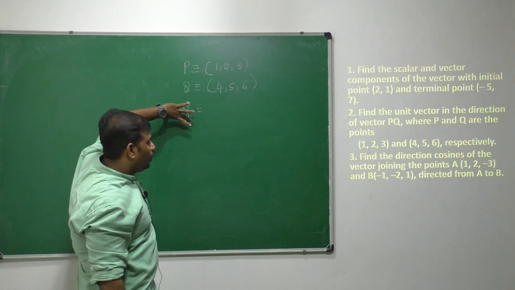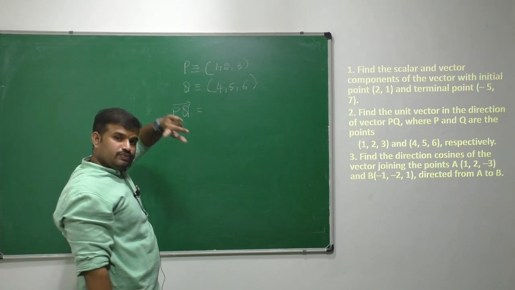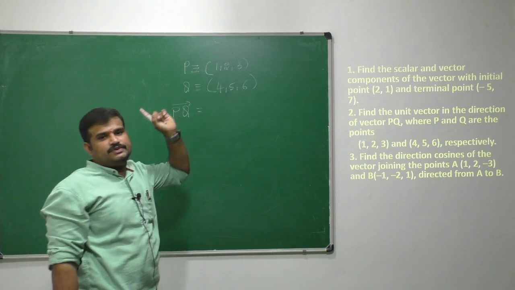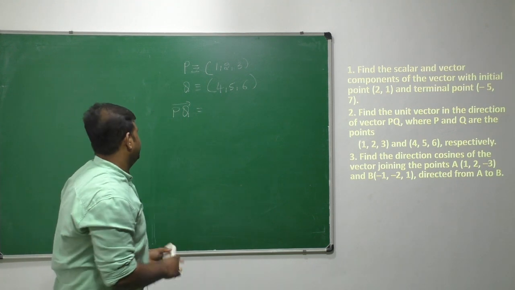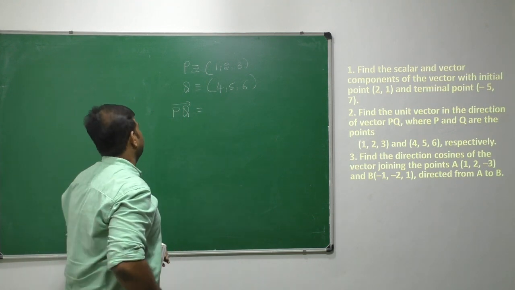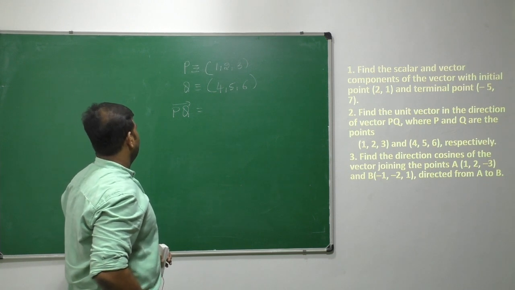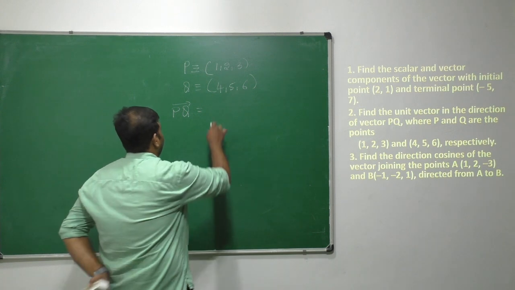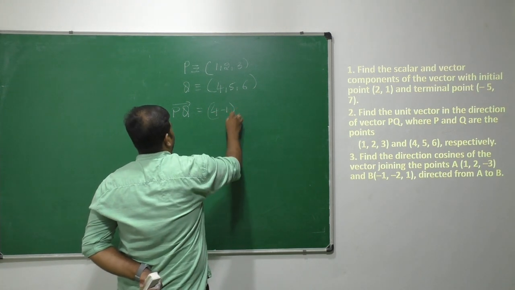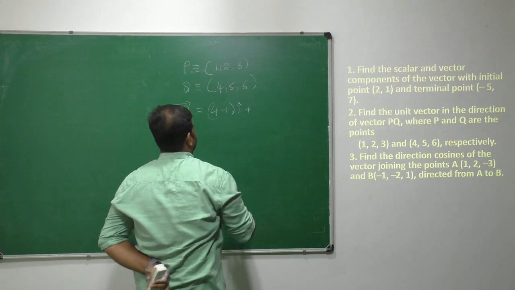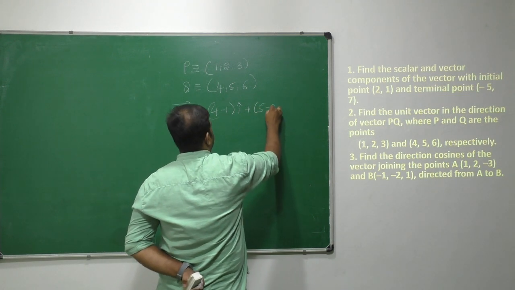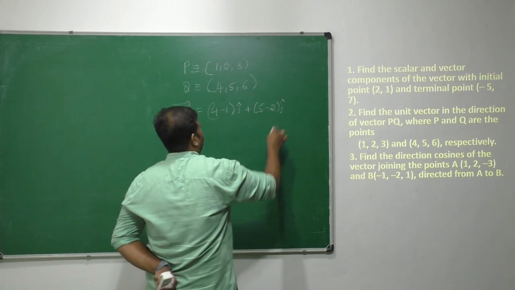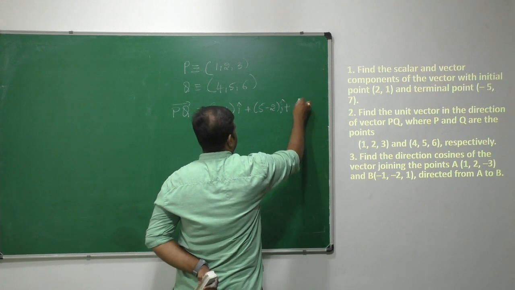So what is vector PQ? This is based on the concept of vector joining 2 points. It is (4 minus 1) I cap plus (5 minus 2) j cap plus (6 minus 3) k cap.